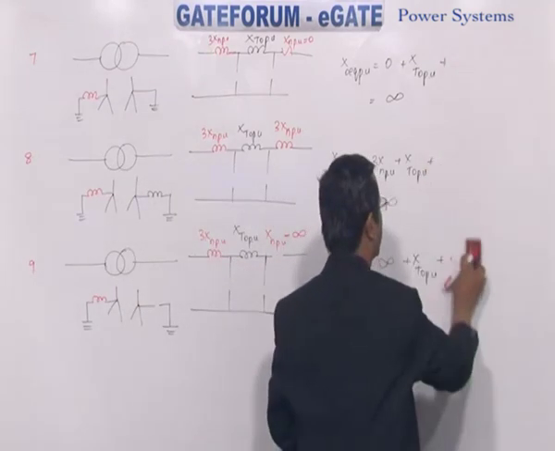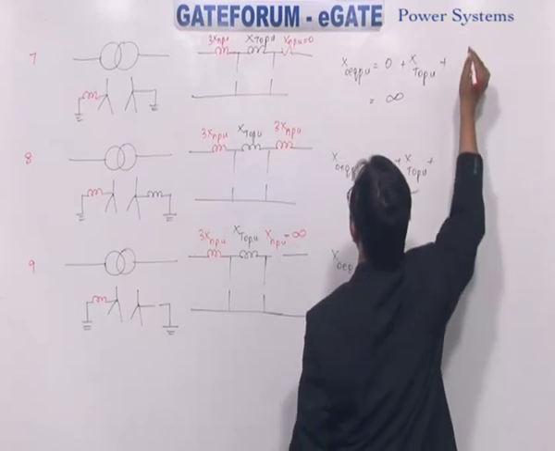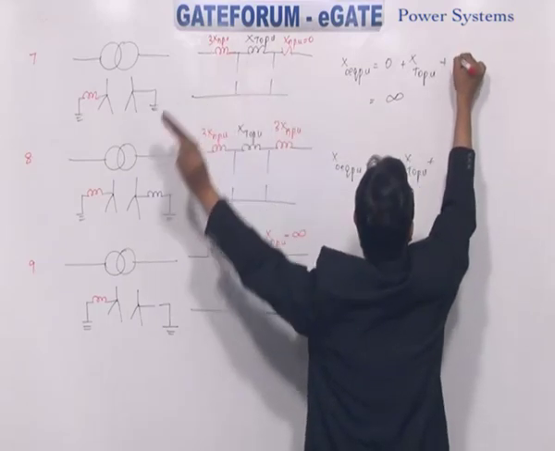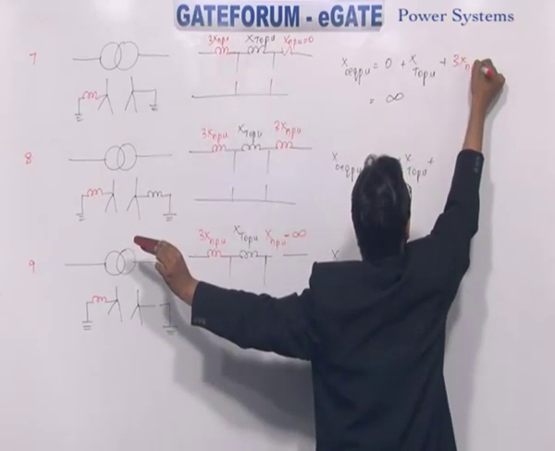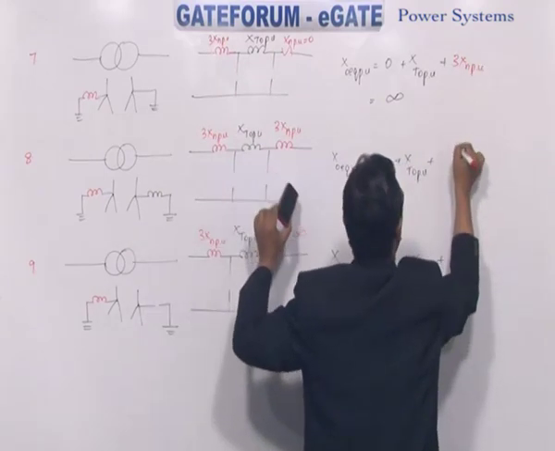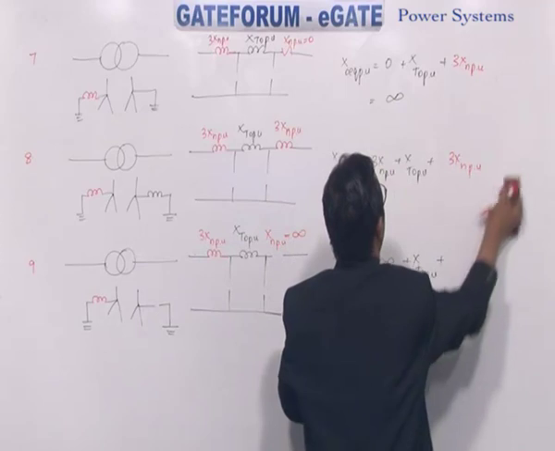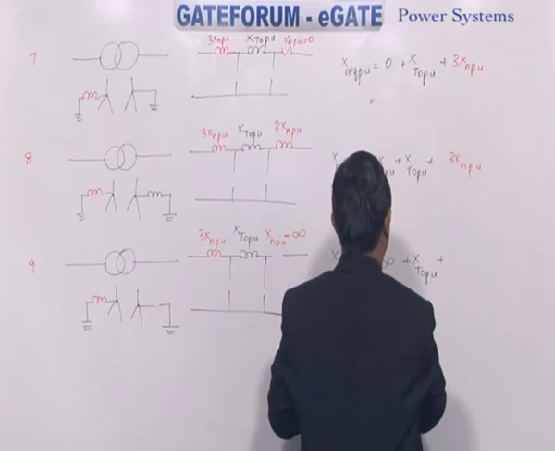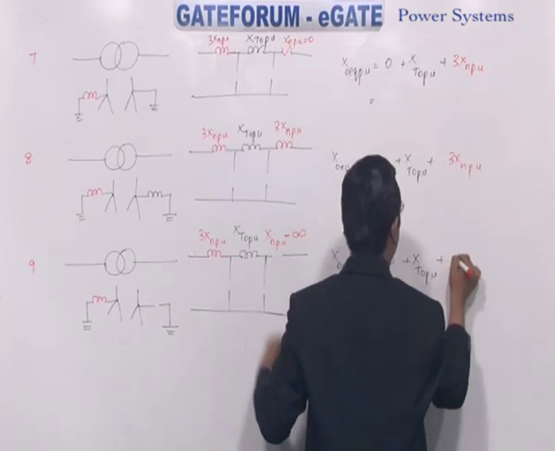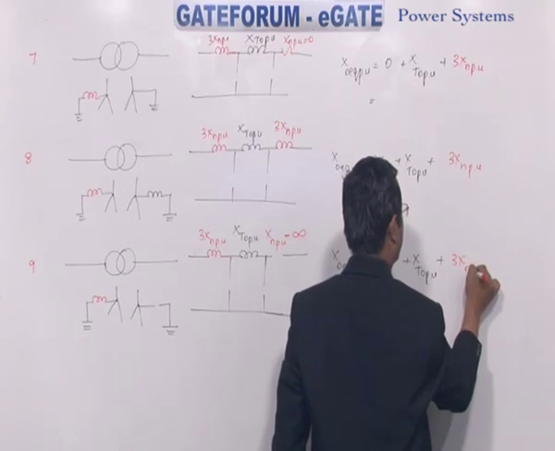So what about this side now? It is XT0 per unit, 3Xn per unit. Here also 3Xn per unit, and there also 3Xn per unit.